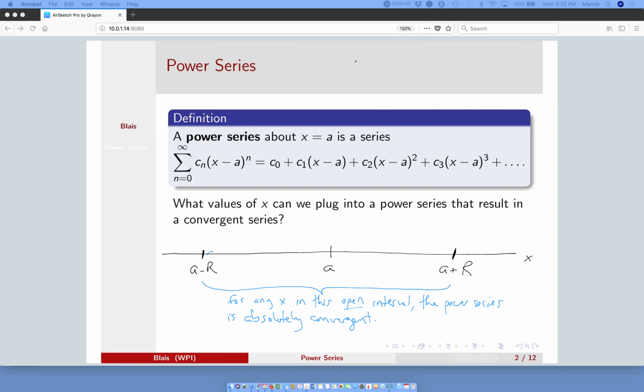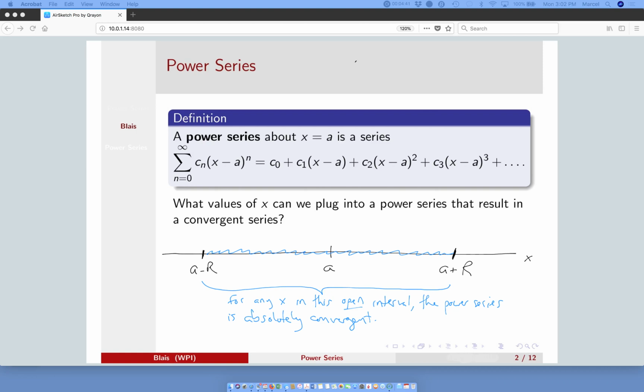So if you pick any values in between A minus R and A plus R and plug those in for x in the power series, you get a series that's absolutely convergent.